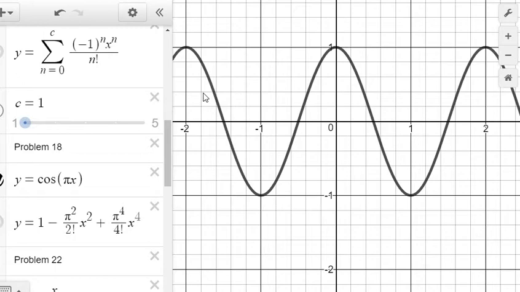Now, I want you to keep an eye on what happens with our Maclaurin series approximation here, because the evenness of our function is going to be reflected in our polynomial. Let's see how and why.